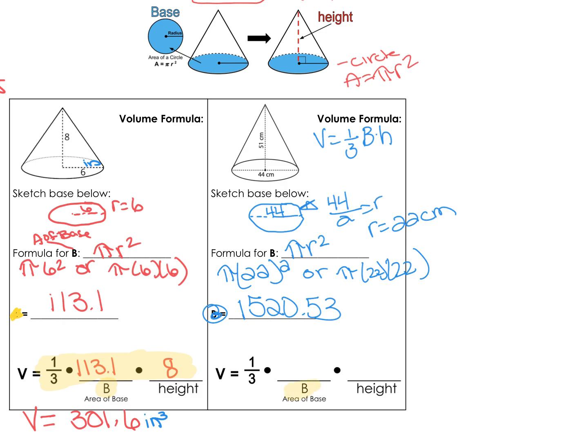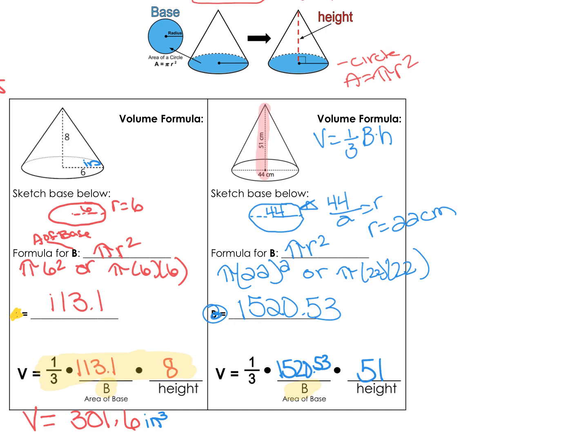I'm now going to plug that into my volume formula. So here I have 1520.53 times my height, and the height is what connects my base to the point. So this is my height up here. So I'm going to multiply 1520.53 times 51. That's my height.